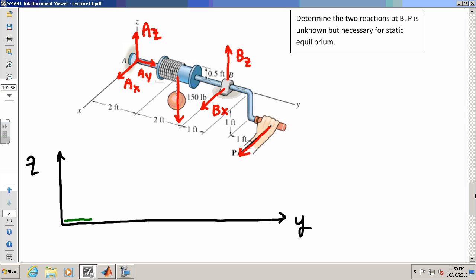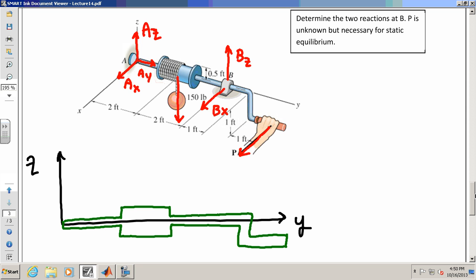You're going to see this, then you're going to see the spool, then you're going to see this. So it kind of comes down like that. Just to give you a picture of it. I didn't draw the bearing, but I think you get the idea.